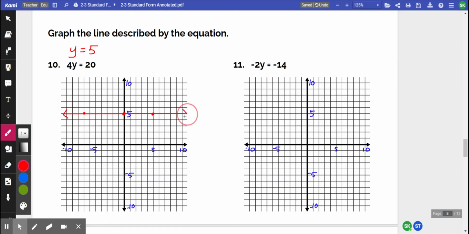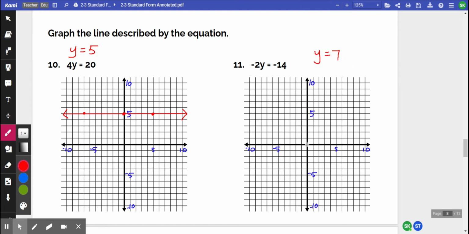So what do you guys think will happen with number 11? Pause the video and try to graph number 11. And then you can play the video again in order to see the reveal. So here is number 11's reveal. Let's solve the equation for y again. Divide both sides by -2, and we get the equation y equals 7.